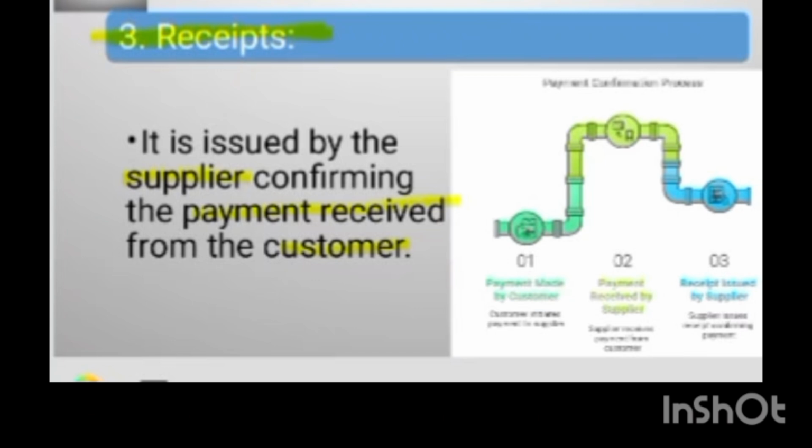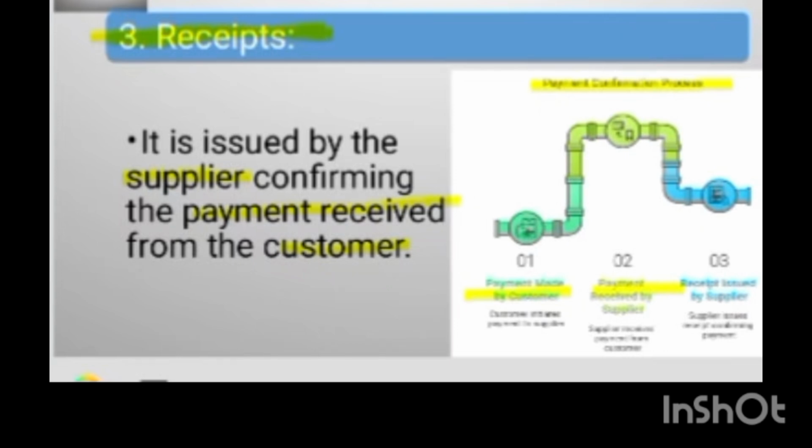So the payment confirmation process, how will it happen? The payment will be made by the customer. The customer will pay the supplier for the orders he has received. Payment received by the supplier. Now that payment will be received by the seller or by the supplier.